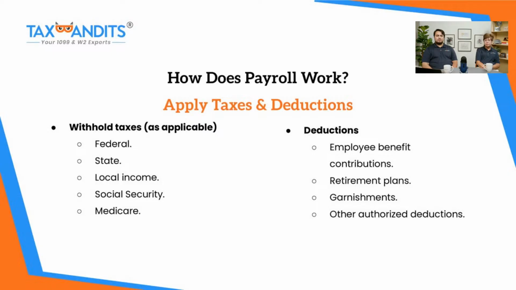Any benefits, retirement plans, and garnishments will come into play as well. For example, with a contractor, if there's any backup withholding that you might need to take into account, that would be another example where you might need to check what you need to file and how you need to handle that, especially when paying the contractor.